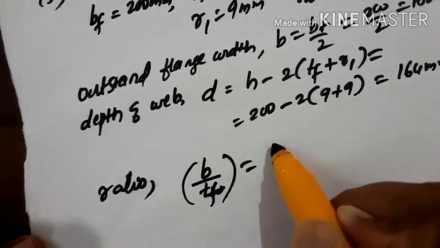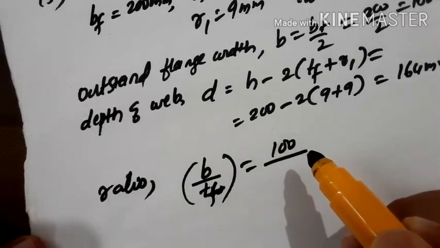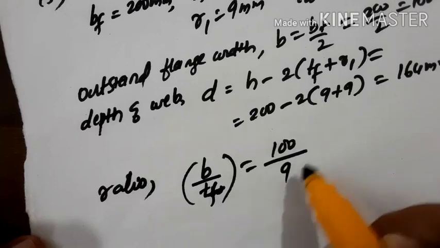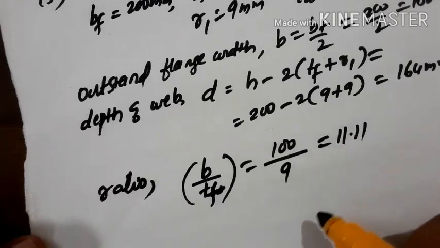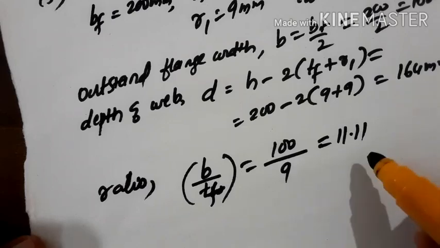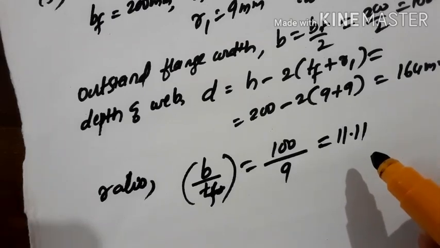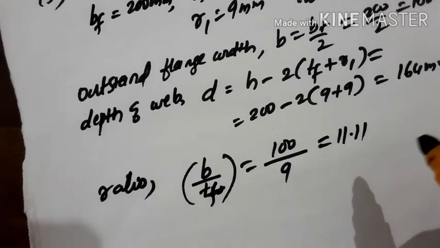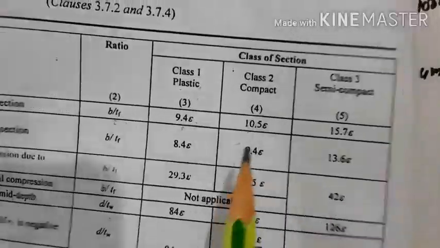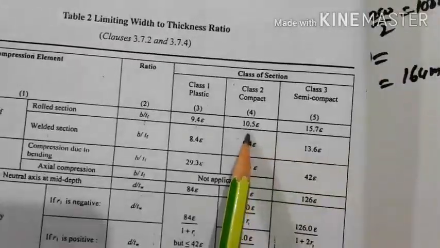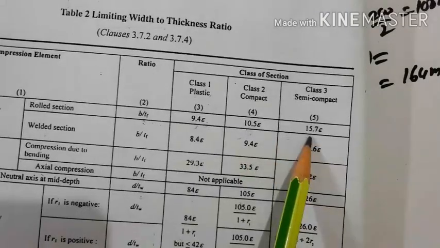So width to thickness is 100 divided by thickness of flange, which is 9. You will be getting 11.11. When I compare this ratio with the limiting values given in the table, I am getting more than 10.5 but less than 15.7.